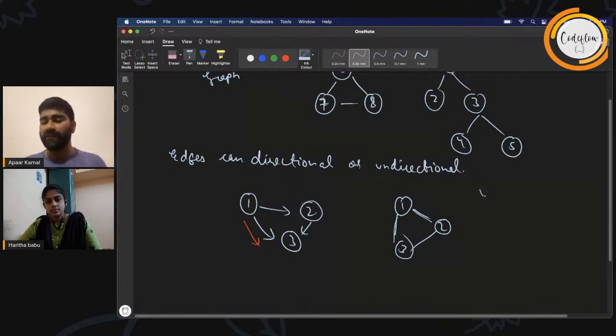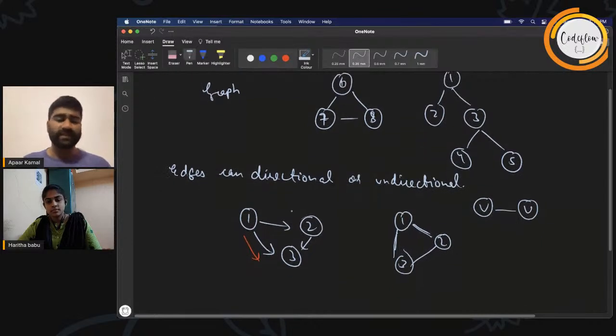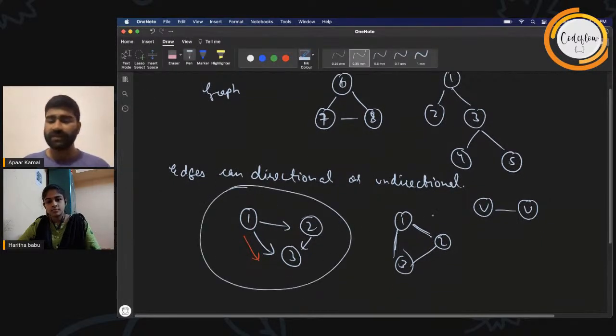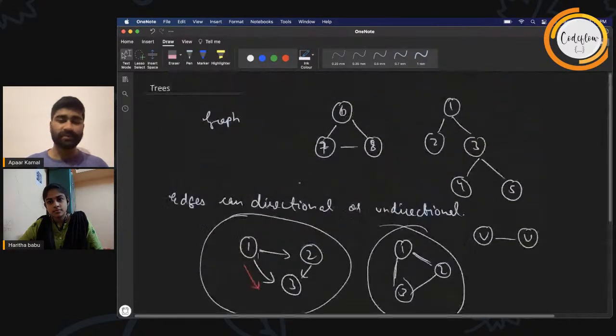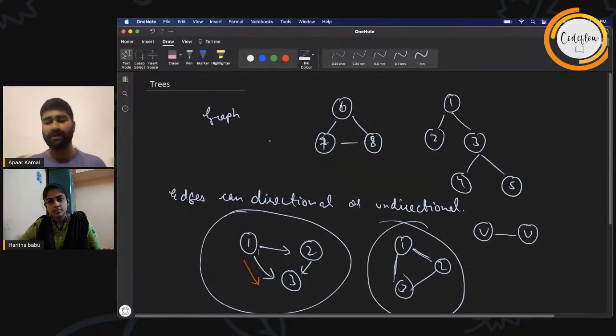That means if I have an edge from U to V, I can travel from U to V and V to U also, from both directions. Cool. So this is a directed graph, this is an undirected graph, right? Graphs which contain directed edges are called directed graphs, and graphs which contain undirected edges are undirected graphs. Cool. So I hope this part is very clear, that what are graphs.